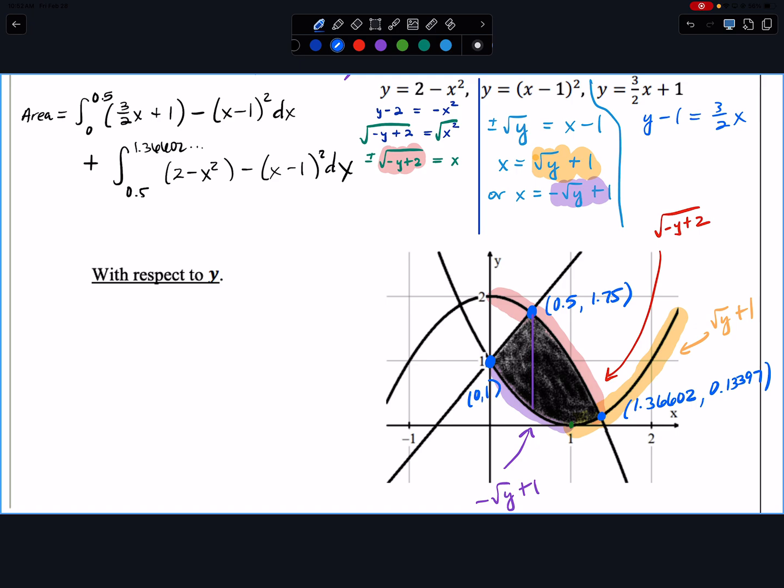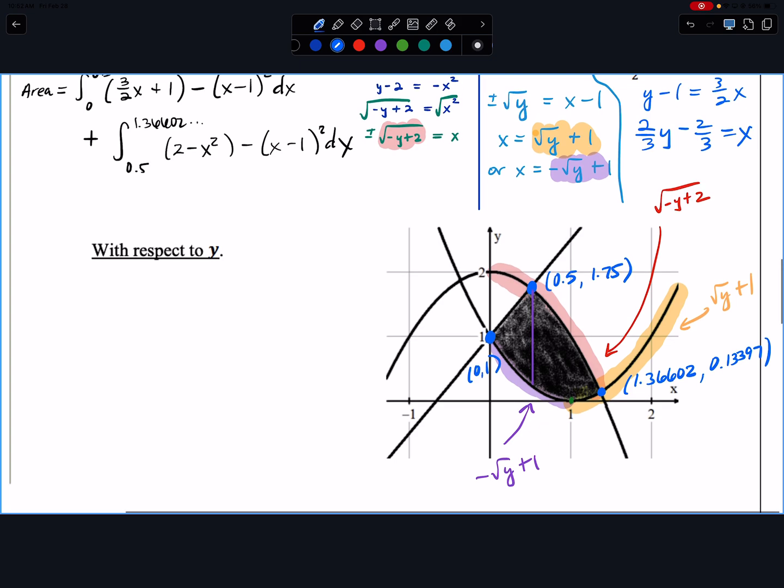So if I multiply all of this by the reciprocal of this, I'm going to get 2/3 y minus 2/3 is equal to x. So this function, I'm going to highlight in green.